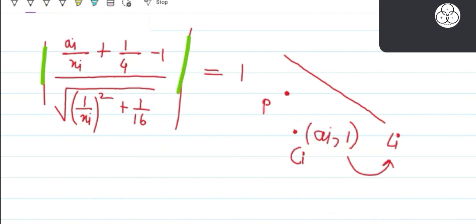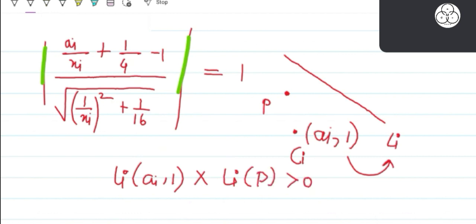The concepts of straight line tell us that if P and Ci are on the same side of this line Li, then Li(ai, 1), that is the value of the line Li when we put the coordinates (ai, 1), multiplied by Li(P), is greater than 0, so the two points are on the same side.